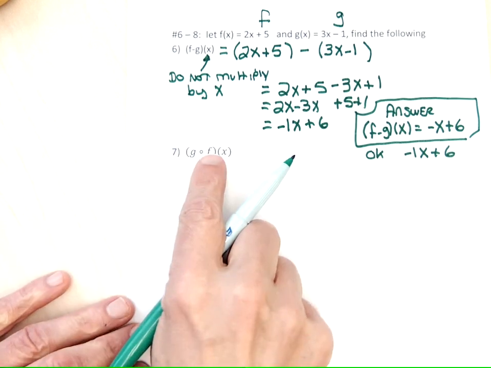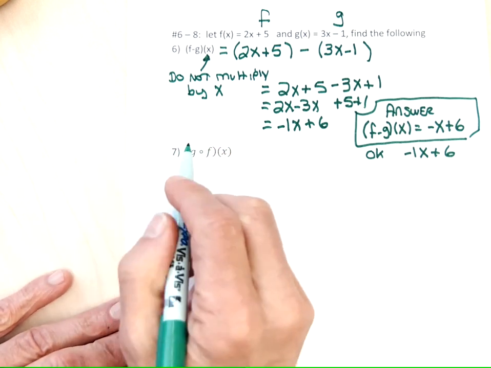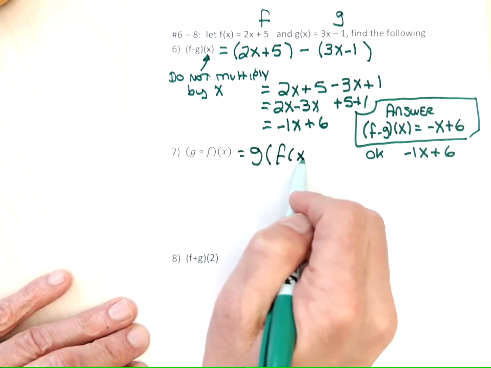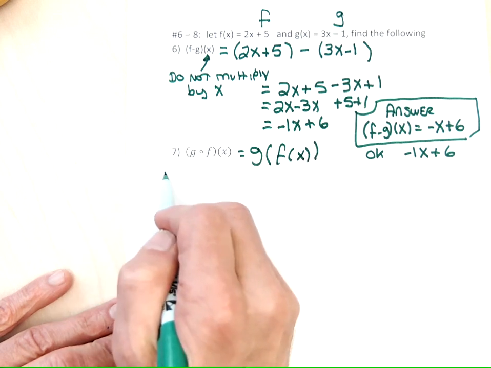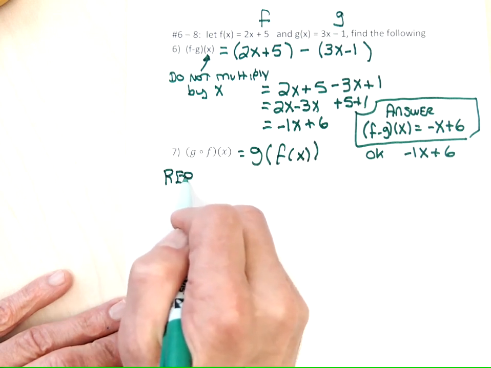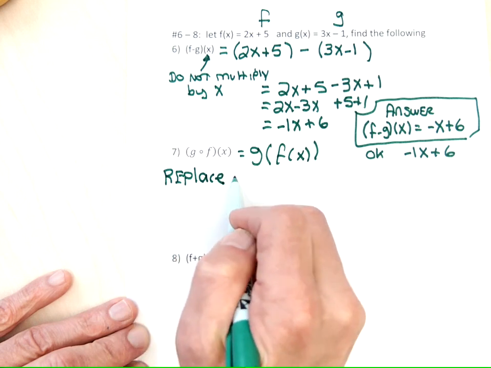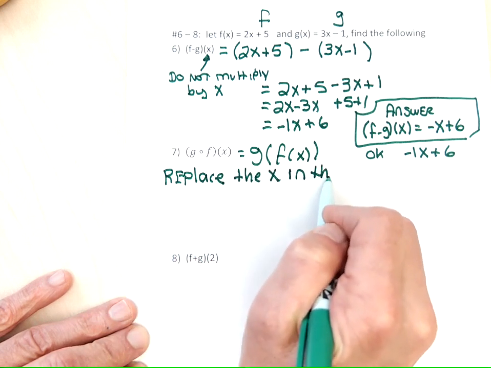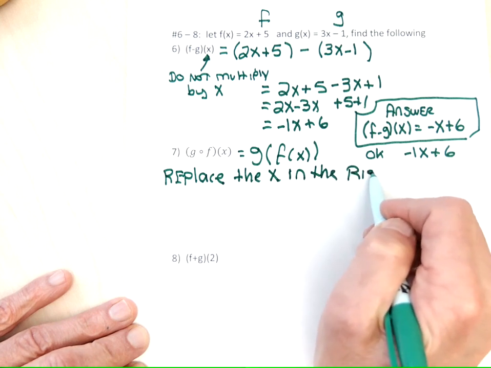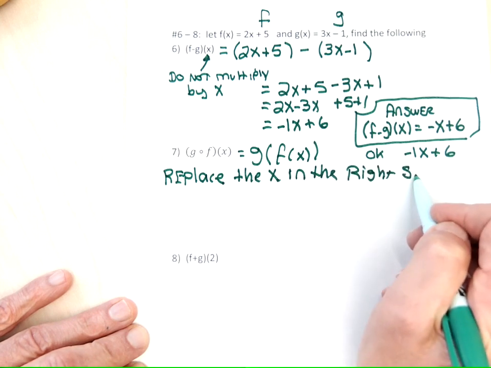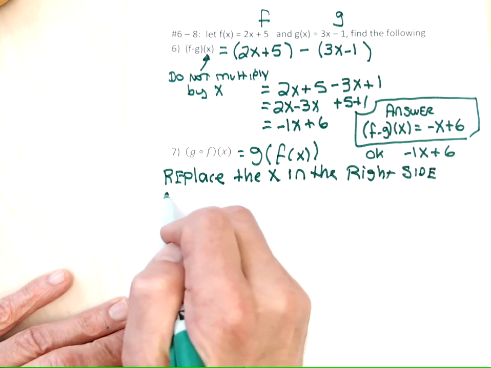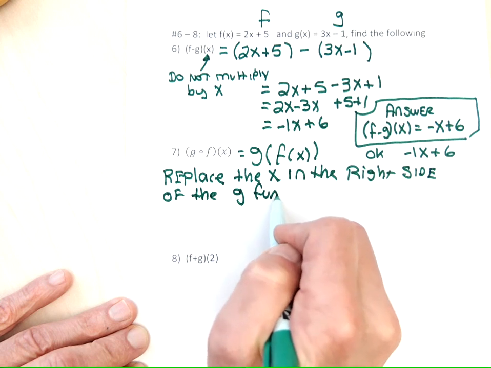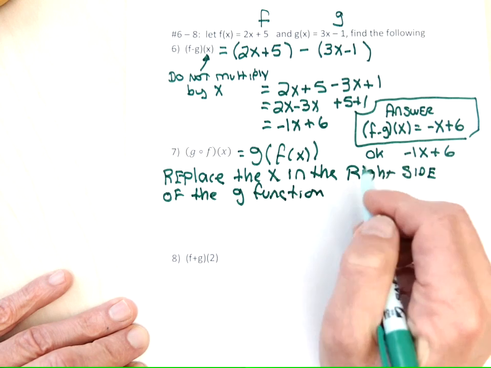So 7 wants me to find g composed with f of x, and remember that means g of f of x. And what that means to do is it needs to replace the x in the right side of the g function with the right side of the f function.